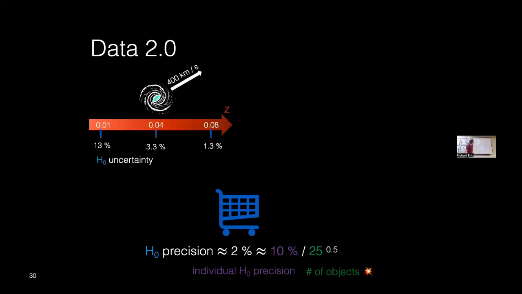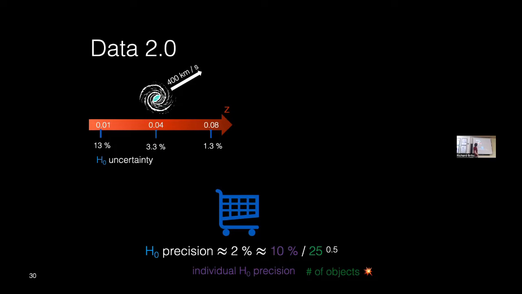These objects should be in the nearby Hubble flow. Because this is basically the precision for the distance of the objects. Here, we are talking about the redshift uncertainty, so the other axis in the Hubble diagram. And if you go to very nearby objects, it's clear galaxies have peculiar velocities and you have peculiar flow patterns in the local universe and so on and so forth.